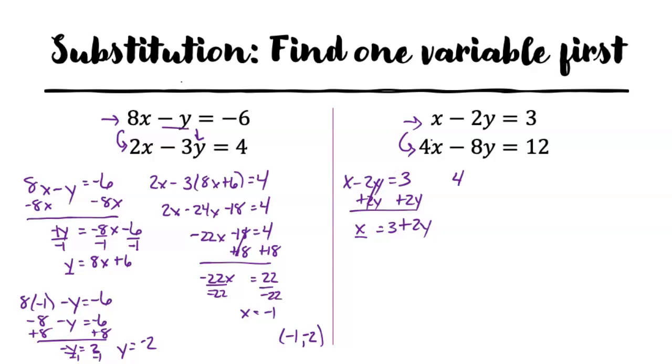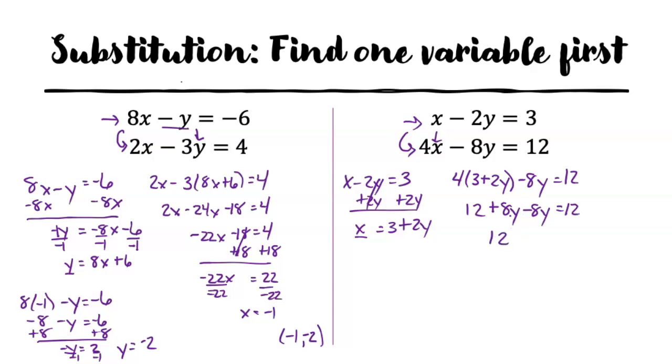So 4, again, I know x, so I'm going to plug it in. Be careful, it's tricky when you don't use x as often as you use y. So 4 times the quantity 3 plus 2y, minus 8y equals 12. Distribute. So I have 12 plus 8y minus 8y equals 12.